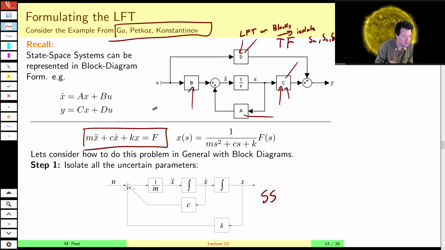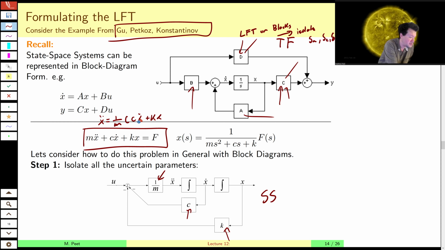So what do we do? So what are we doing? We're writing down basically each of the individual signals involved in the state space representation in order to isolate the individual parameters which factor in there, right? And here there's a 1 over m parameter, remember, right? So when we write this down, we get x double dot equals 1 over m times c x dot plus kx.